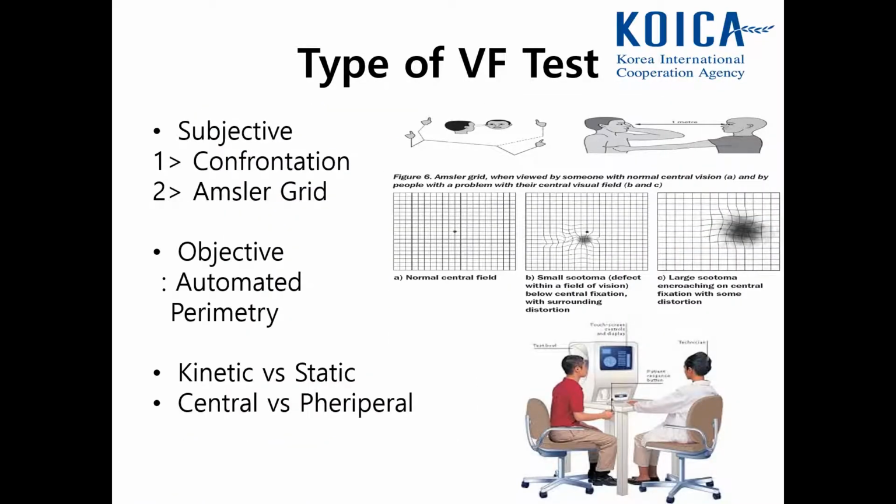There are some kinds of objective visual field checking methods and subjective visual field checking methods. We can assume the approximation of visual state by the confrontation exam. When the examiner and the patient confront each other at a gap of 30 cm, they look at each other's eyes.